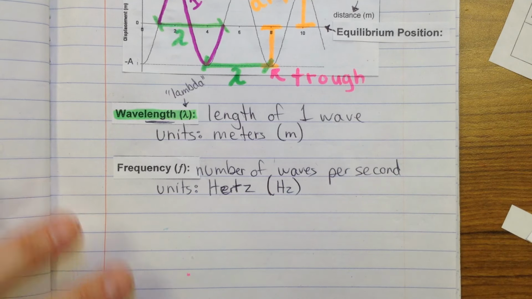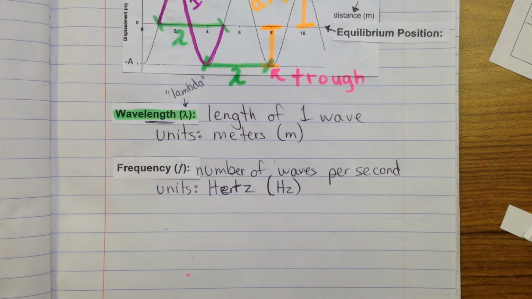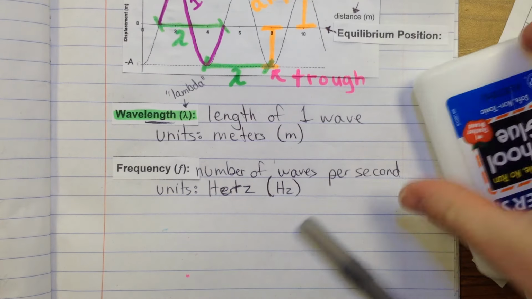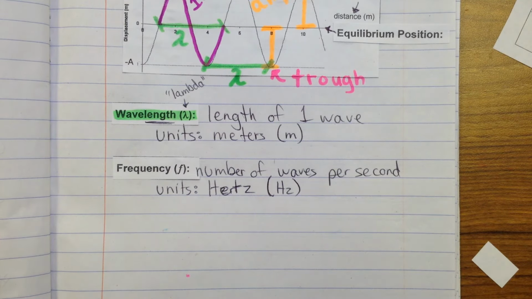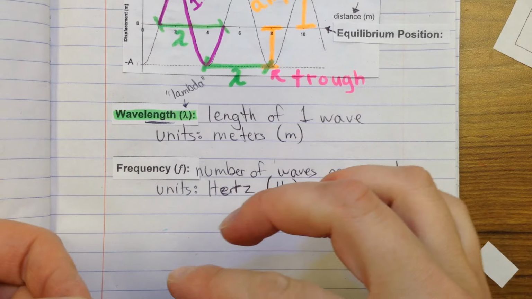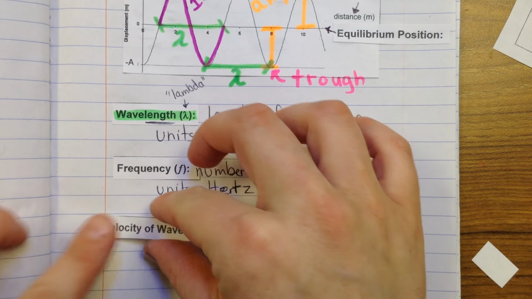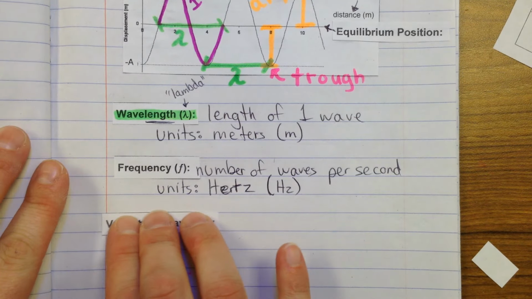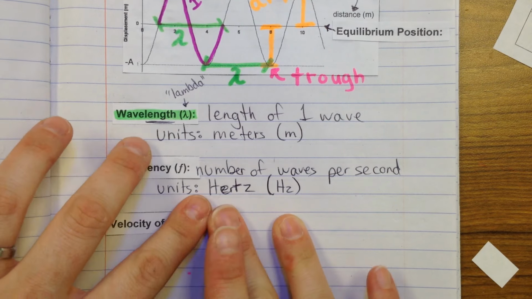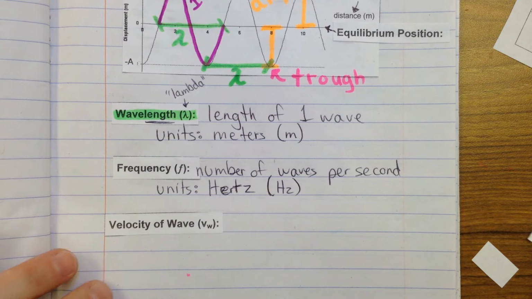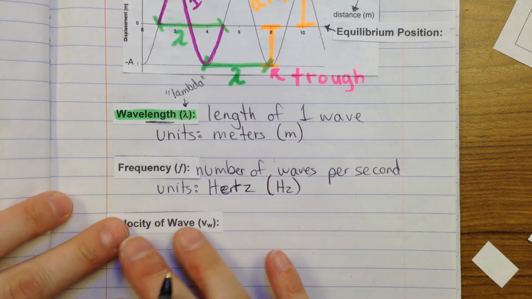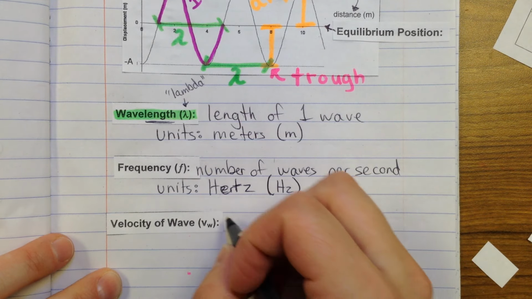Now, remembering that waves are both harmonic and linear motion, we're going to talk about the linear aspect, the velocity of the wave. Velocity we discussed when we were talking about linear motion. Velocity of a wave applies because we see how fast the wave moves from one place to the next.